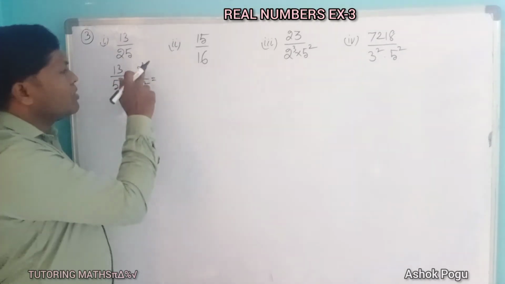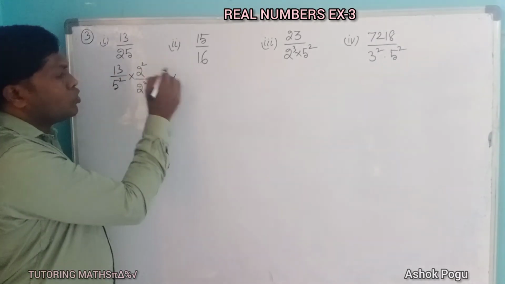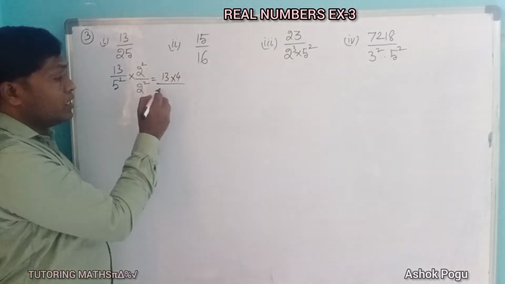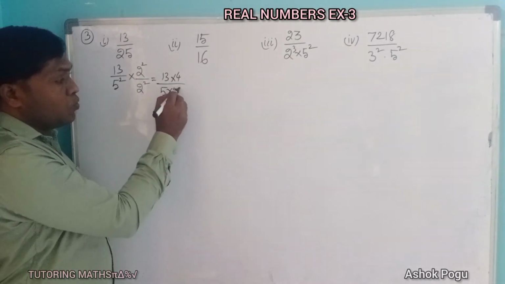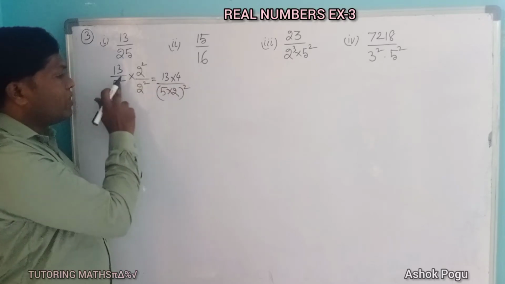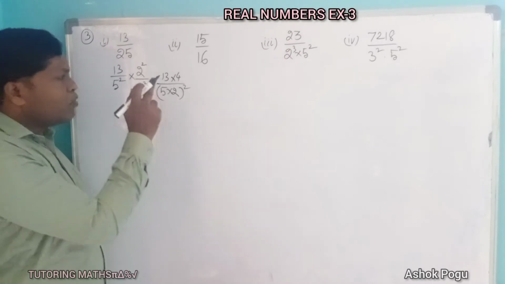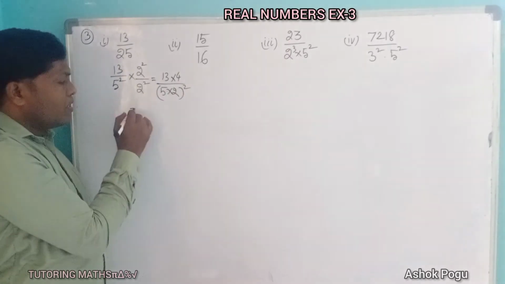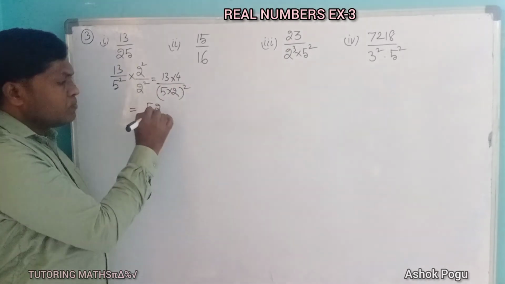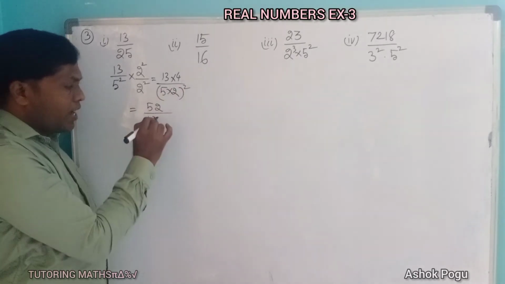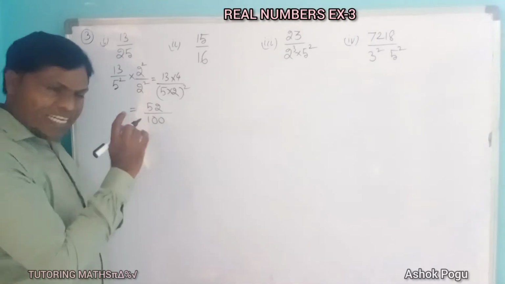Now 13 into 2 square over 5 square into 2 square. That is 5 into 2 whole square, because 5 square into 2 square, both the exponents are equal. When exponents are equal, you can multiply them, and 13 4s are 52 over 5 2s are 10, that is 10 square. 10 square is 100, taken directly.